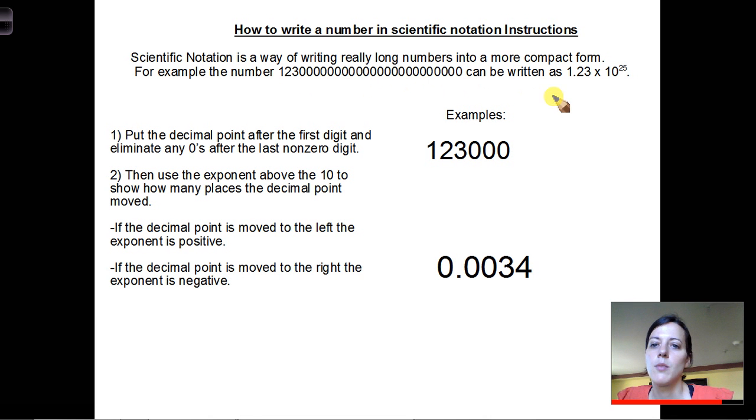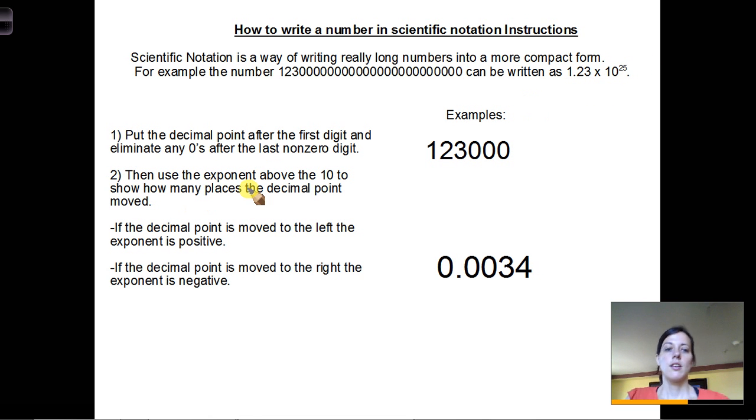But that number can be represented as 1.23 times 10 to the 25th. And this number are the same thing. This one's in scientific notation and this one's not. So let me say this number out loud again so you know how it's said. It's 1.23 times 10 to the 25th.